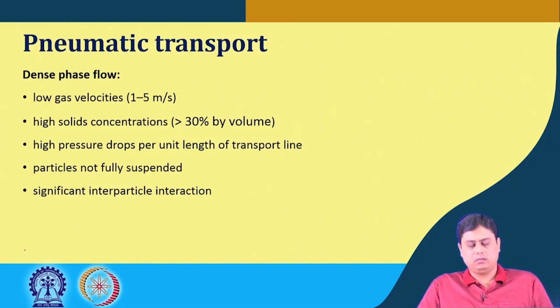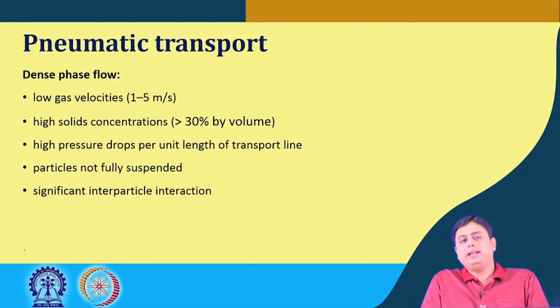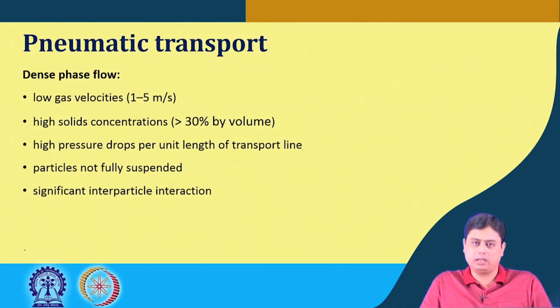In this case, as I mentioned earlier, all the particles are not fully suspended. In one ideal scenario of the dense phase case, the whole cross section would be filled with solid particles. But we can logically understand that this scenario can lead to choking of the flow.